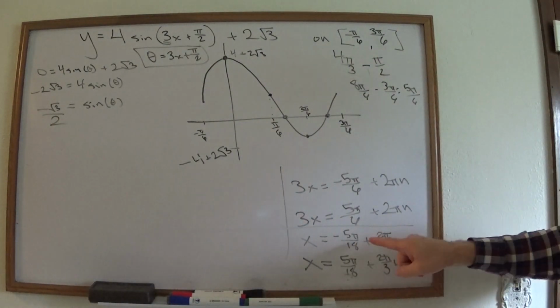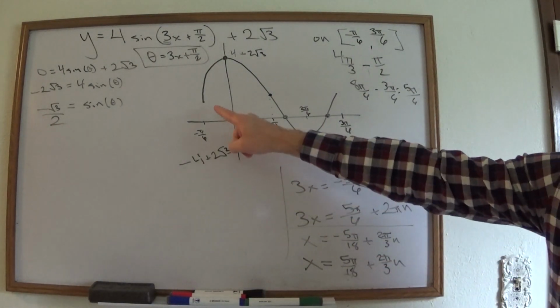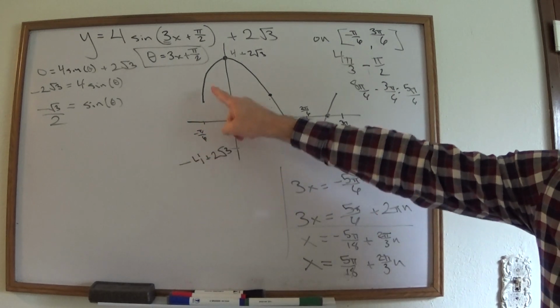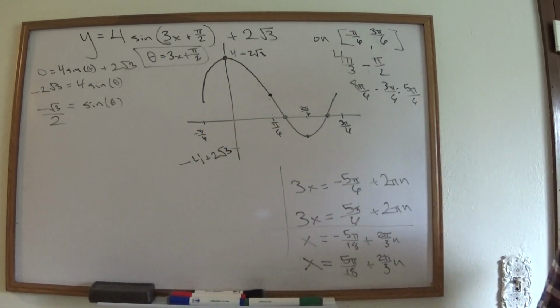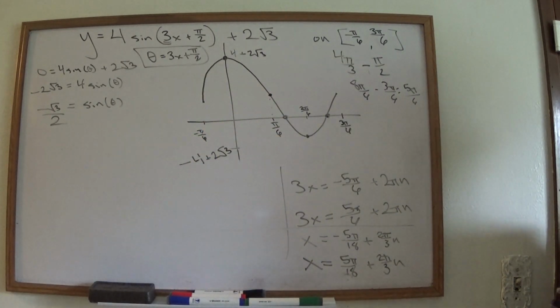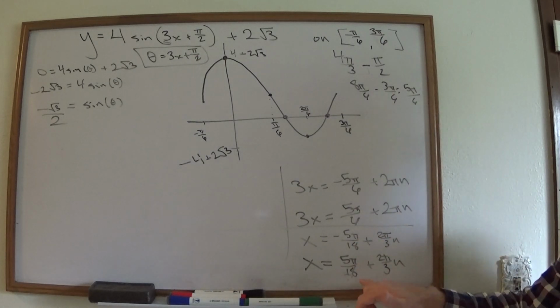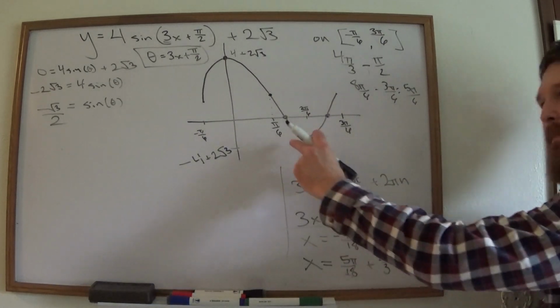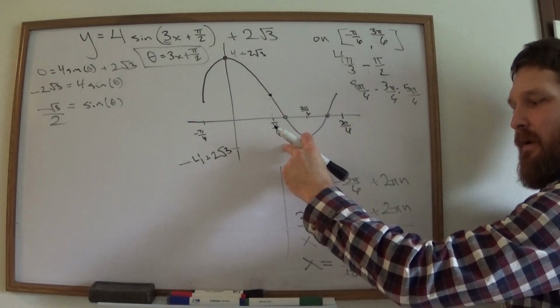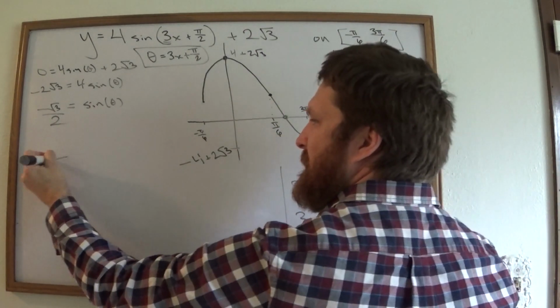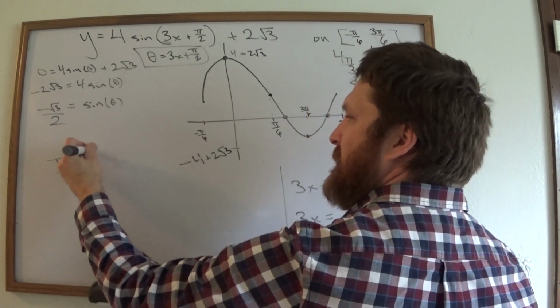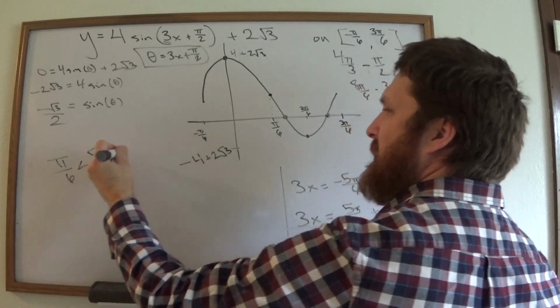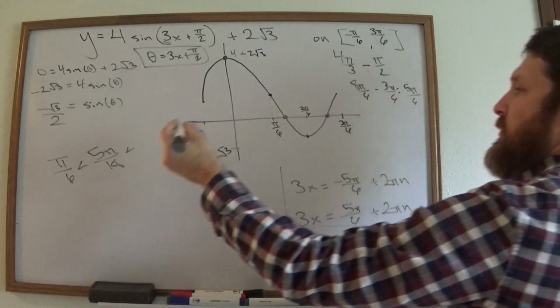Negative 5 pi over 18 is somewhere over here, and you have to add 2 pi. So what I'm going to do first is see where 5 pi over 18 is. My guess is it's between here. I'm not sure about that, but my guess is that 5 pi over 18 is between pi over 6 and 2 pi over 6.